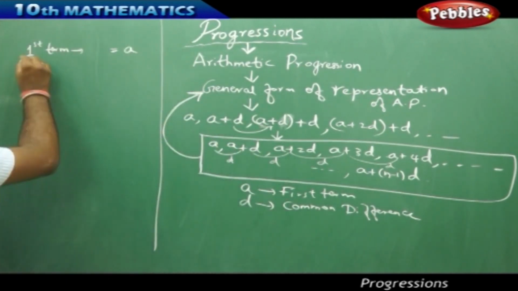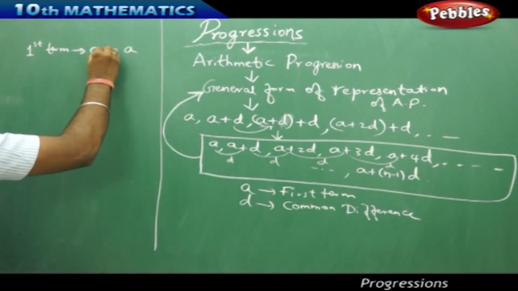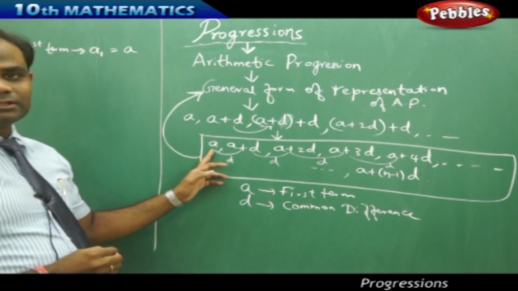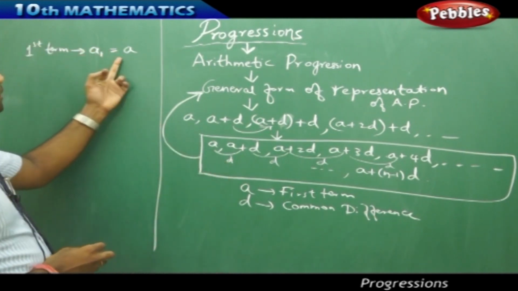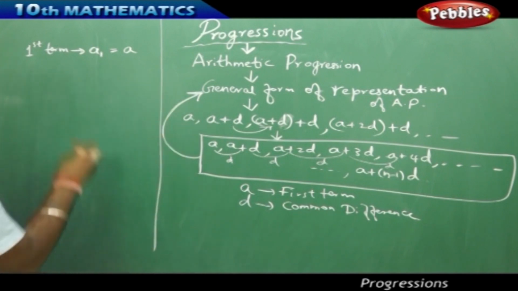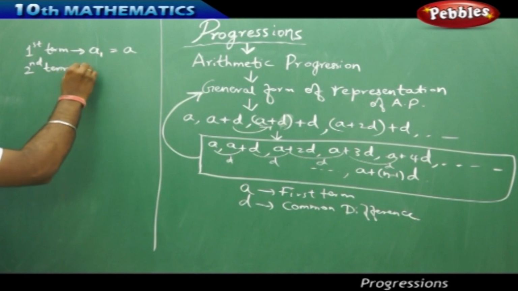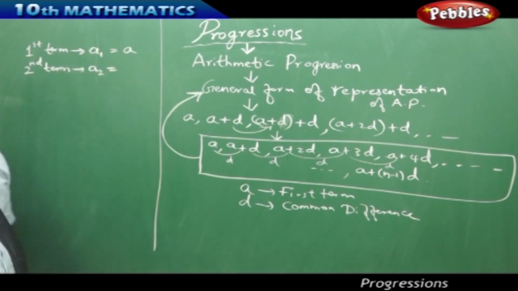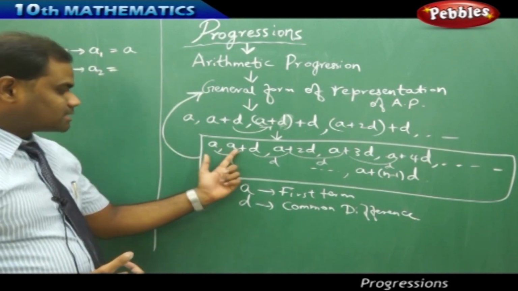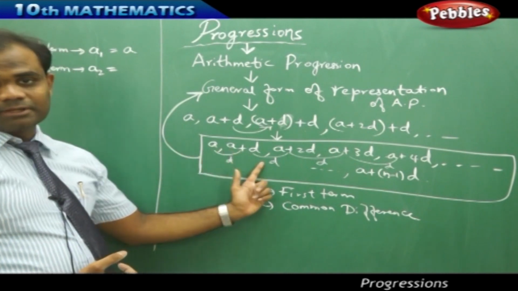Now, in this case, my first term is denoted generally with a1. That means the first term is a, which is a1 equals a. Similarly, my second term of the arithmetic progression in general is denoted with a2, and a2 stands for second term. Therefore, the second term, first and second term, is a plus d.